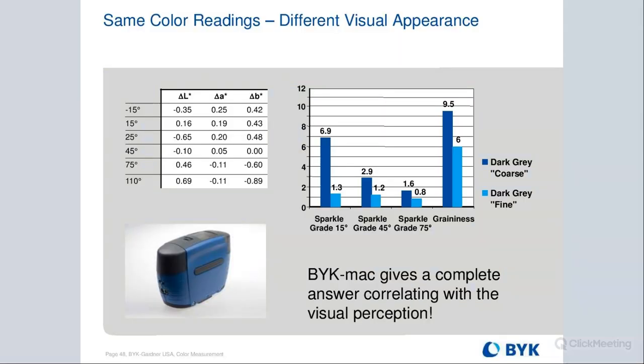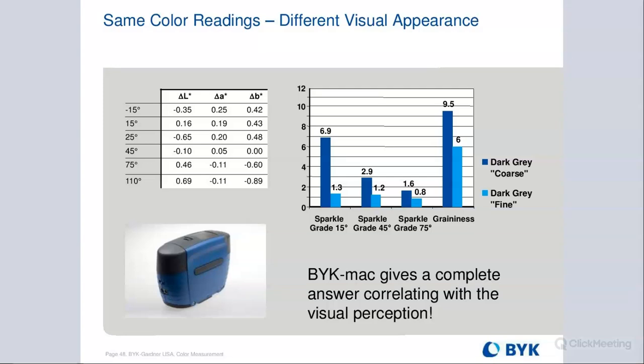So in the beginning, when I started talking, we talked about the visual difference that you can see, which is 0.5. For this color, the color numbers look pretty good. For just color, you would expect this to match very well. But when we look at the sparkle numbers, especially the sparkle 15 and the graininess, there is a huge difference: 1.3 for the dark gray fine panel and 6.9 for the dark gray coarse panel.